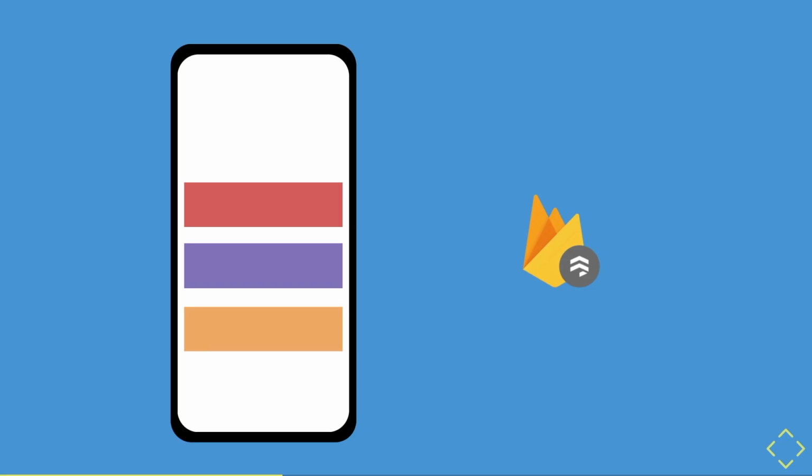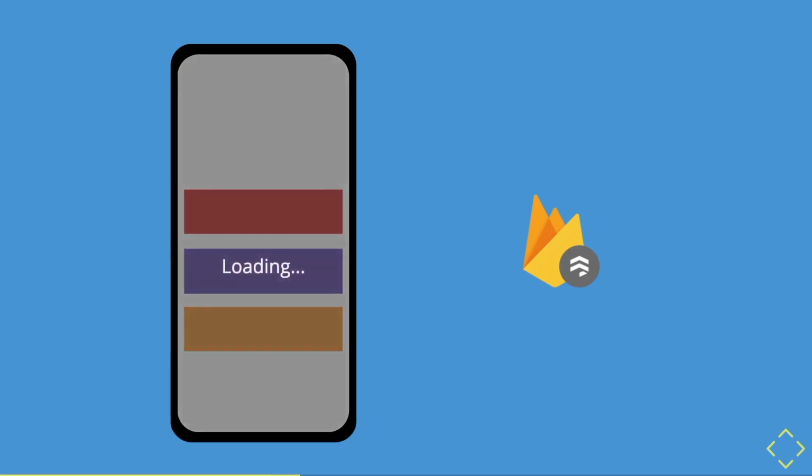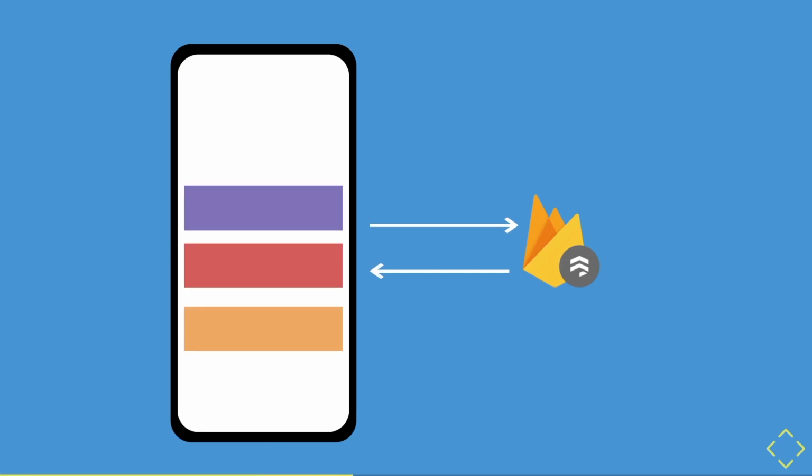Once we change the positions of the buttons, we will have this loading screen. Yikes! This is because it is sending an update request to the Firestore database. And once it is successful, it will return a message that says, "Hey, it is successful!" Then your app will remove the loading screen.